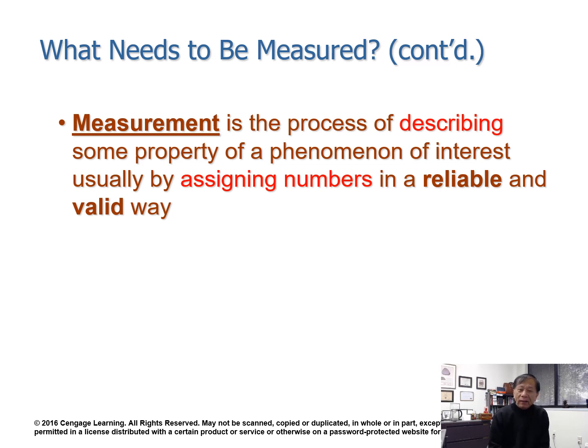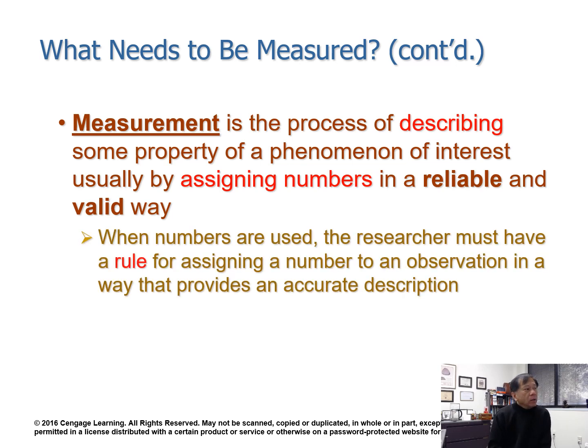You give my height a number, and that number should be reliable and valid. It's valid meaning that if I'm telling other people I'm 5'10", they know exactly how tall I am. And if I measure again and again, or in different ways, I should come up with the same number. So it should be reliable and it should be valid.